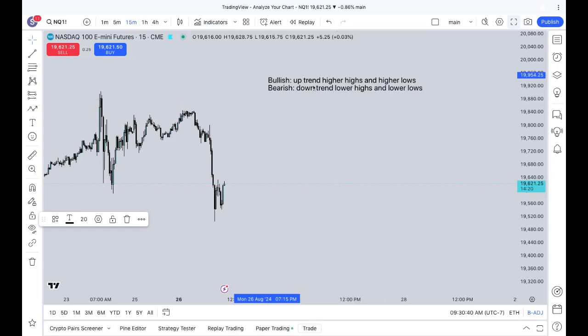For bullish we have higher highs and higher lows, and then for bearish we have lower highs and lower lows.